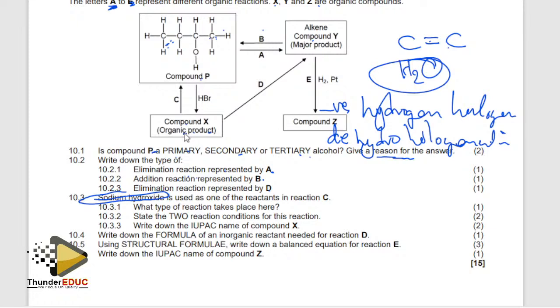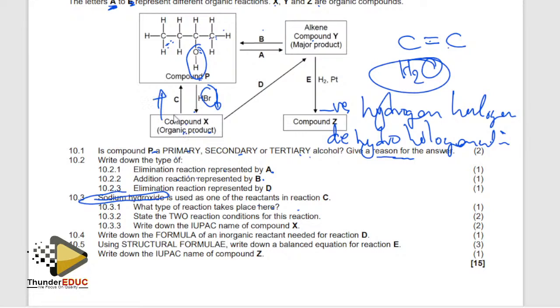Here is substitution. I'm substituting this with this. Now they're saying, write the type of reaction that takes place in C. Because I'm going back to the same thing, it is still substitution.